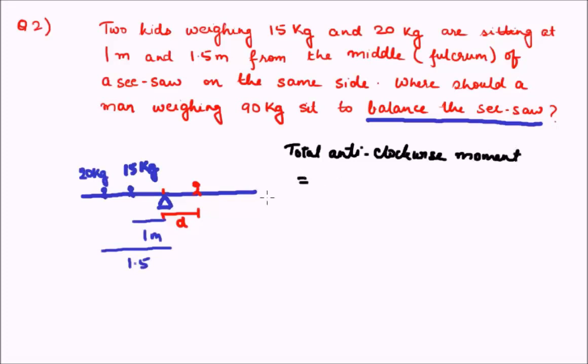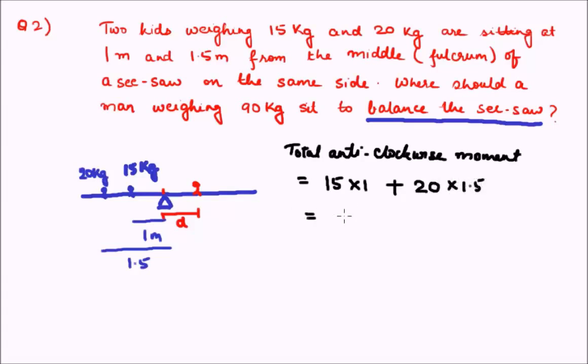is equal to the first kid weighing 15 kg is sitting at 1 meter from the pivot. So it will be 15 kg into 1 meter, and the second kid of 20 kg is sitting at 1.5 meter from the pivot. So that will be added as 20 into 1.5.